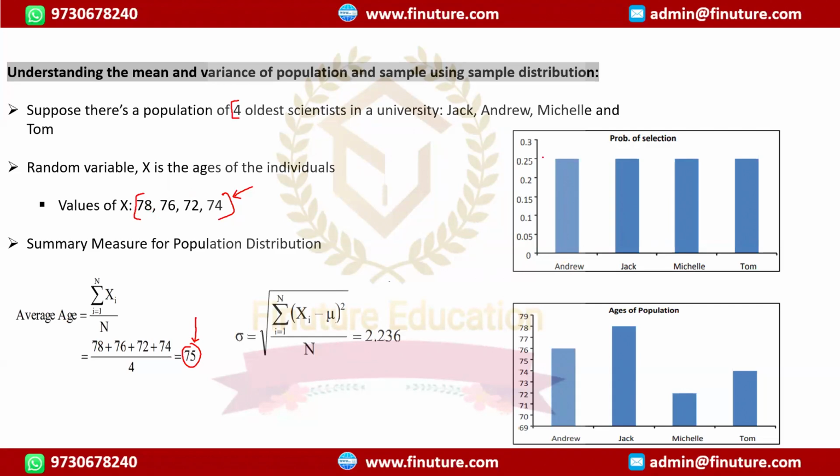That's why it is 25% for all the people, because there are four elements. The probability of each outcome would be 25%. So this is about the population mean, population standard deviation, and the distribution of the probabilities.